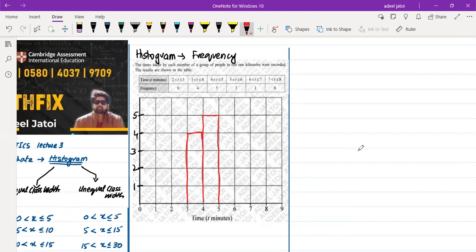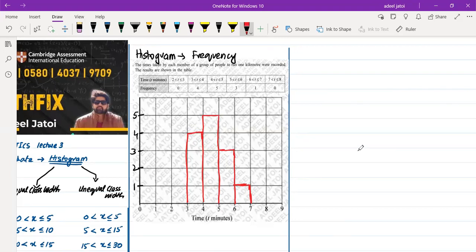Similarly, 5 to 6, the frequency is 3. So you draw from here because this line is already the representation of the bar. We draw up from 3 and drop down till 6. Similarly, we have 6 to 7, and your line will be from here till 7.